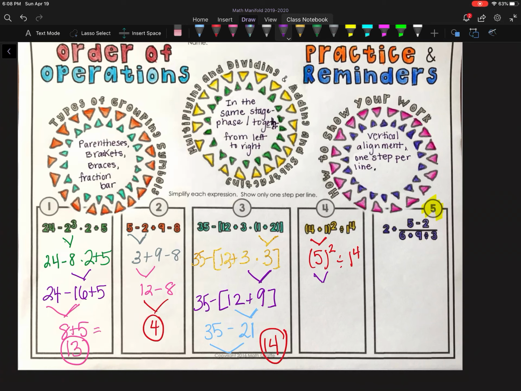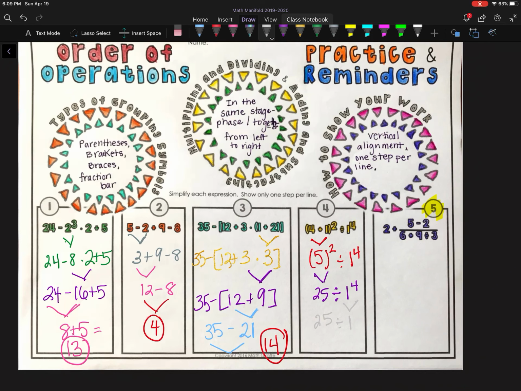So 5 to the second power is the same as 5 times 5, which is 25. I'm going to rewrite my problem. 1 to the fourth power is 1 times 1 times 1 times 1, which is 1. And then 25 divided by 1 is 25.